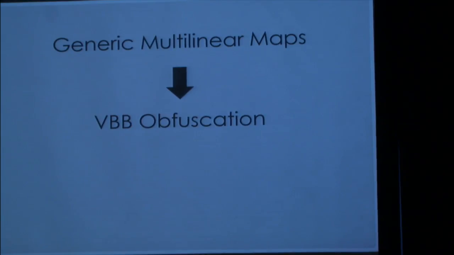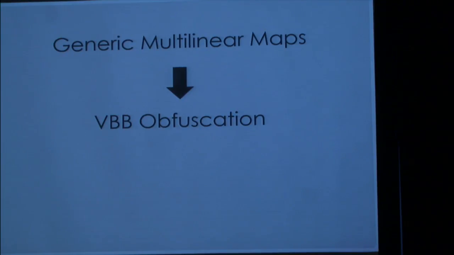So right now, the way you should think about this reduction is as a transformation between ideal black boxes. If you give me a black box that evaluates multilinear maps, I can use it to build another box that evaluates an arbitrary program, and this transformation preserves security.